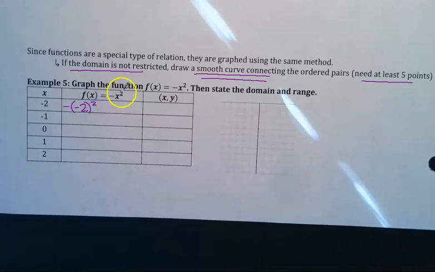It's negative x squared, so I have to put the negative, then I have to put my x in there, which happens to be another negative, and then I square it. So I'm going to keep my negative because I need to square my -2. What's -2 squared? 4. So now I have my answer, -4. So what is my ordered pair? -2, -4. Perfect.